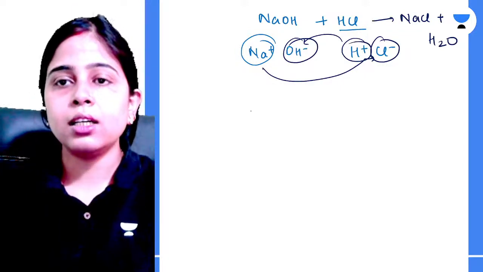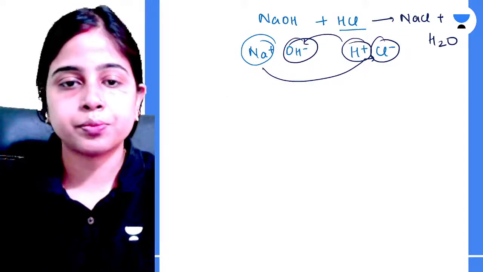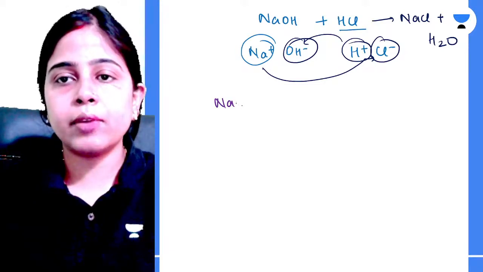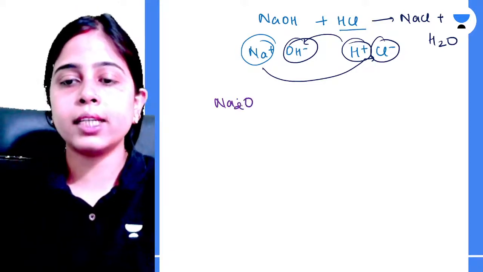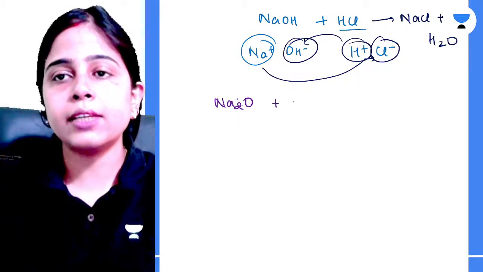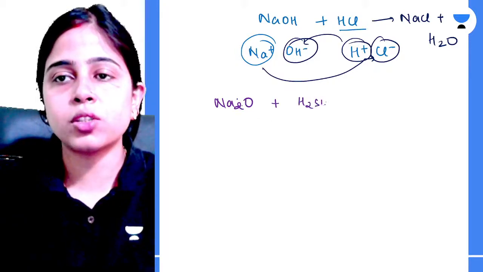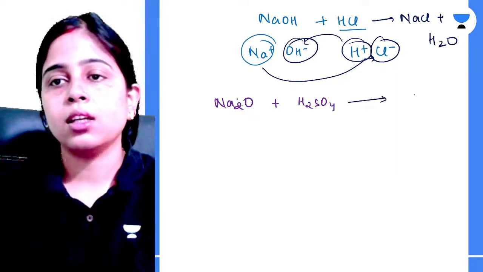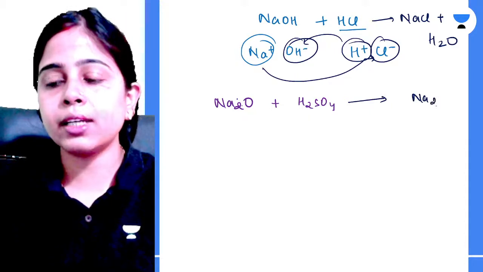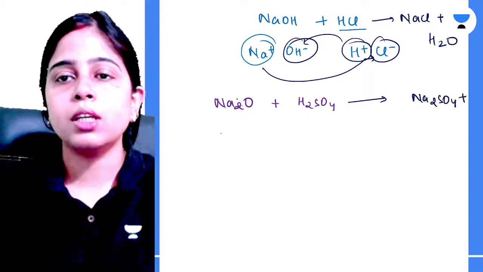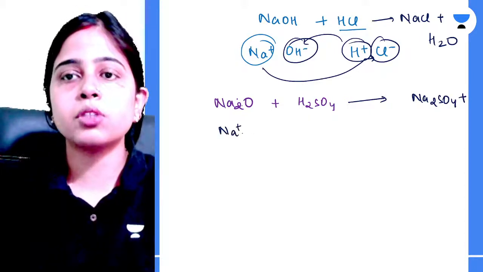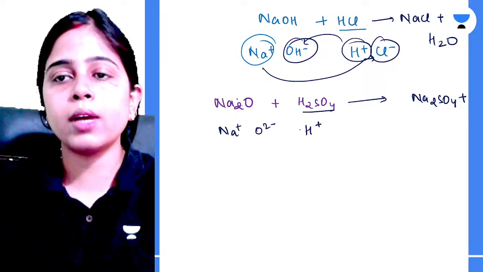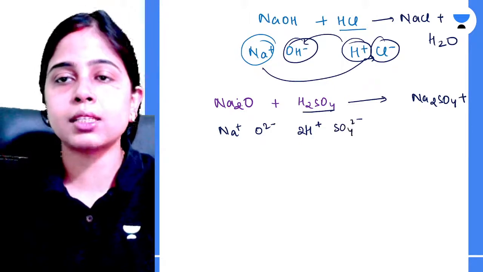Similarly, if you take a reaction like this, when you take your metal oxide, that is sodium oxide, and if you react it with, let's say, your H2SO4, so what happens? You can see that sodium sulfate, Na2SO4, is formed, because this dissociates to produce Na plus and O2 minus ions, and this will dissociate to produce 2H plus ions and SO4 2 minus ions.